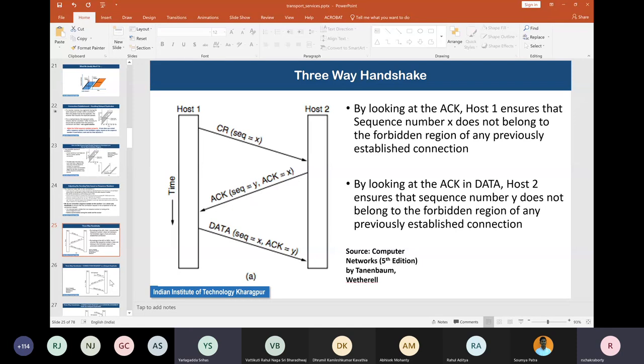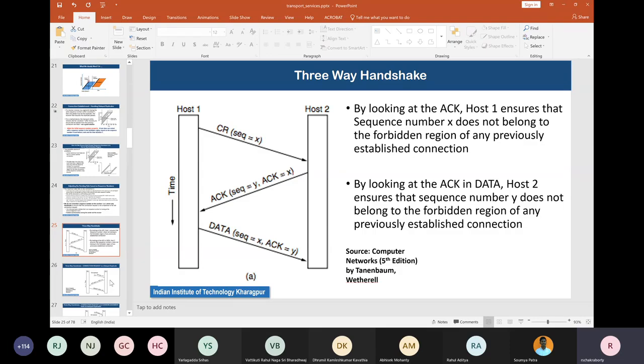So host 1 and host 2 perform a three-way handshake to set up a connection. Let us understand this because this is important. How does this positive synchronization happen between the two hosts?